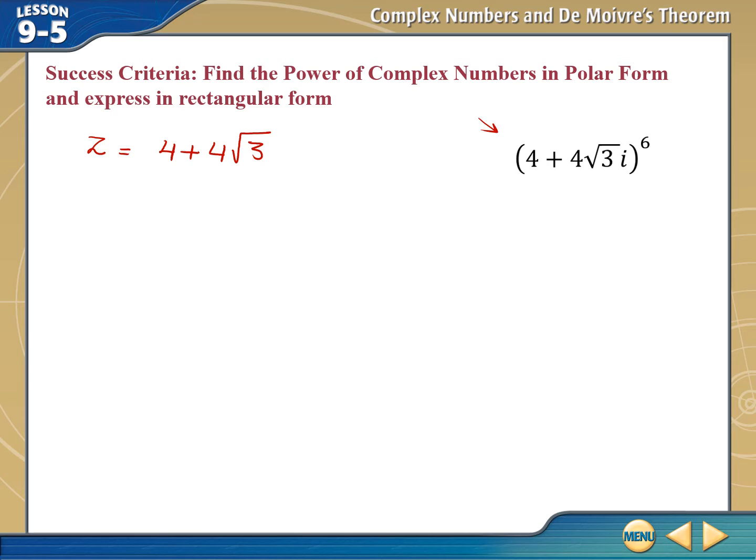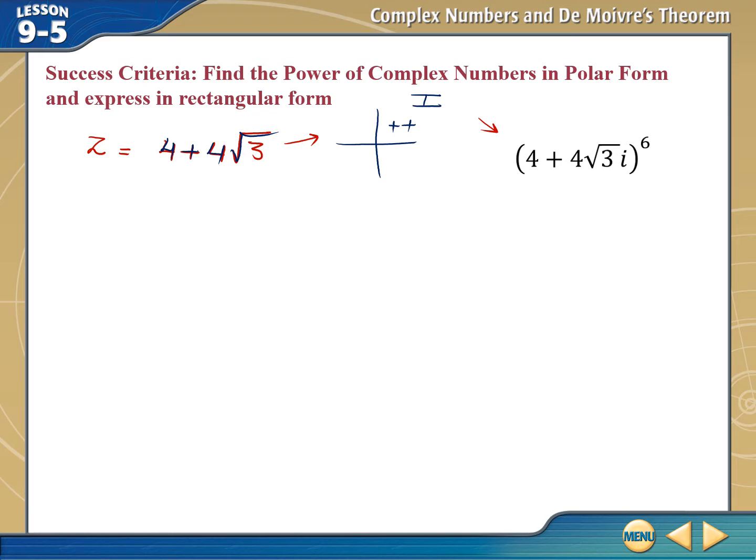After that, the first thing we should analyze is which quadrant it lies in. We can see that both the imaginary and real parts are positive because it is plus 4 and plus 4 square root of 3. It means both of them lie in the first quadrant.